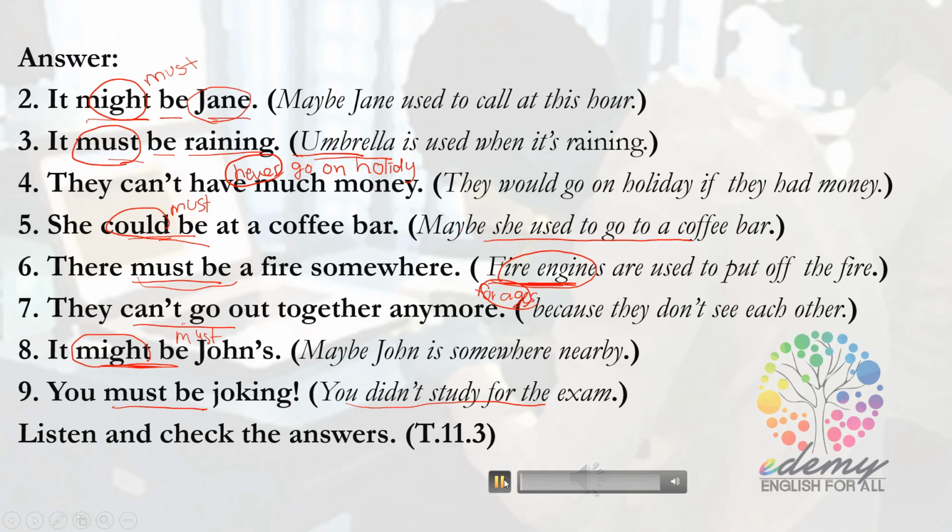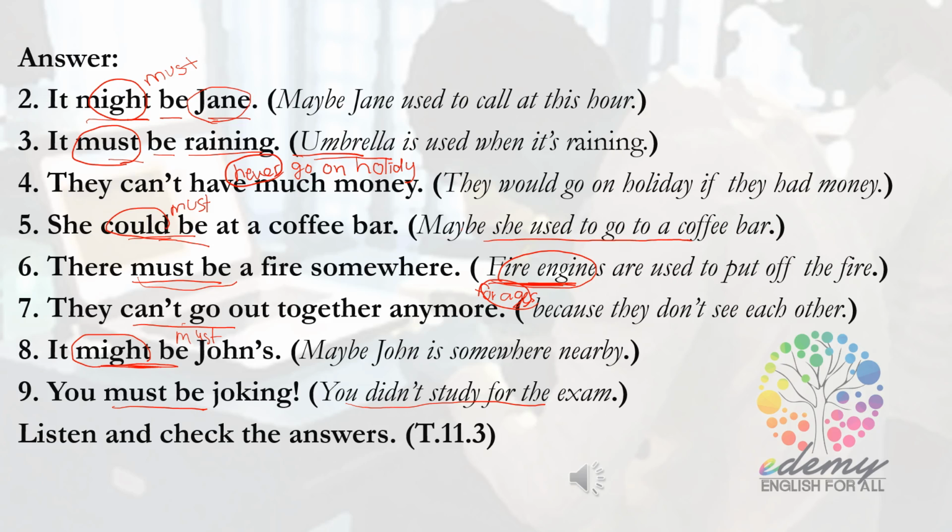Tape script 11.3. 1. I think I've lost my passport. You must be very worried. 2. Your phone's ringing. It might be Jane. 3. Paul's taking his umbrella. It must be raining. 4. Harry and Sally never go on holiday. They can't have much money. 5. Hannah's not in class.